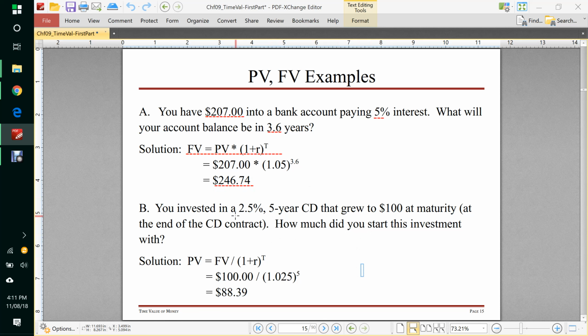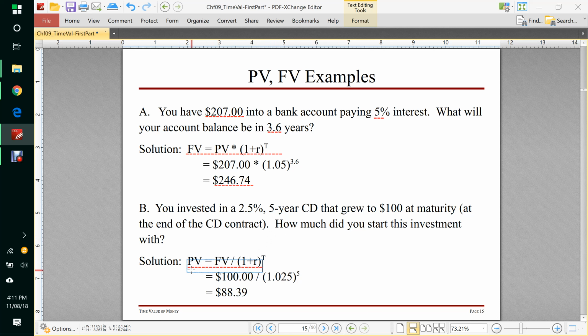Okay, let's try another. So we invested, long ago and far away, 5 years ago in fact, in a 2.5% CD. A 5-year CD means the contract runs for 5 years, that grew to $100 at maturity at the end of the contract. So how much did we start with? Well, that's pretty easy too, using the same formula.